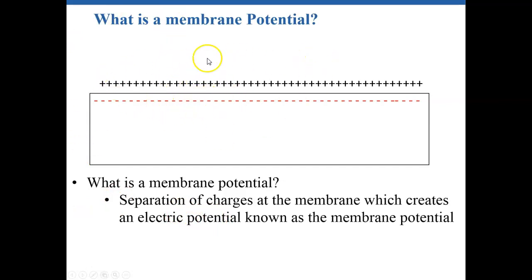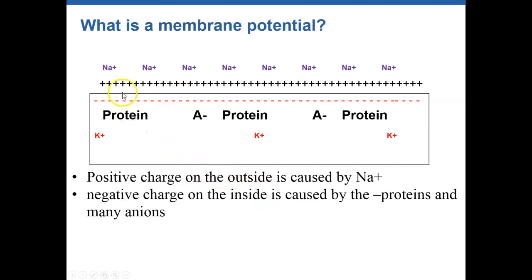In a neuron, the outside of the membrane has a very positive charge and the inside has a negative charge. The positive charges are caused by a large amount of sodium ions that sit very close to the plasma membrane. The inside is mainly caused by the large proteins as well as some anions that are found within the cell.